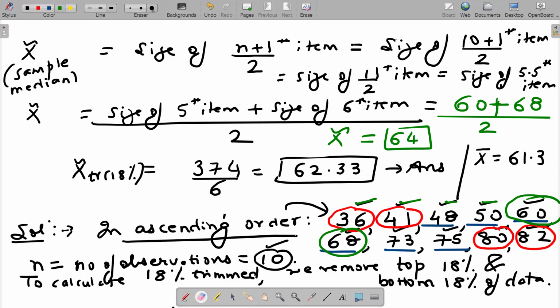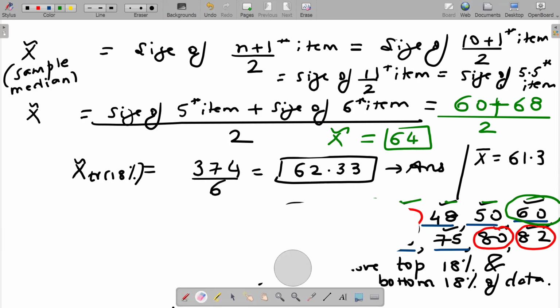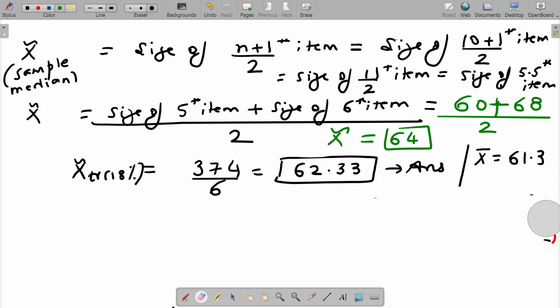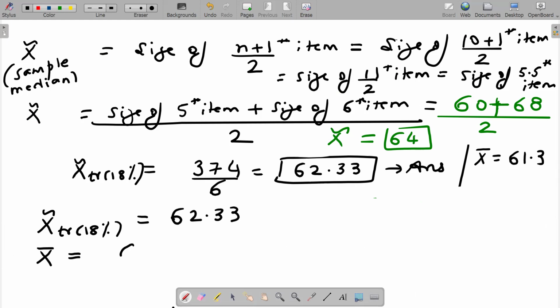So I can write all the answers at the bottom now. If I erase all this off, the 18% trimmed mean has come out as 62.33. Arithmetic mean has come out as 61.3, and median has come out as 64.